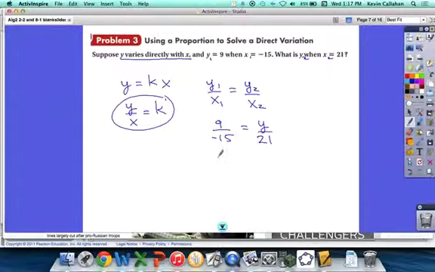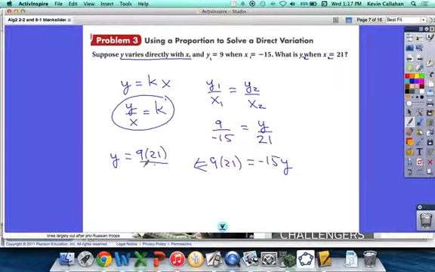That's something you can solve by cross multiplying. So when you do that, you'll get 9 times 21 equals negative 15 times y. So we're going to get y equals 9 times 21 divided by negative 15.